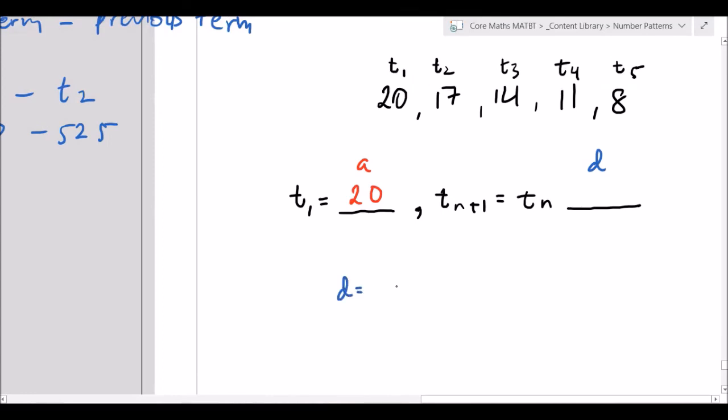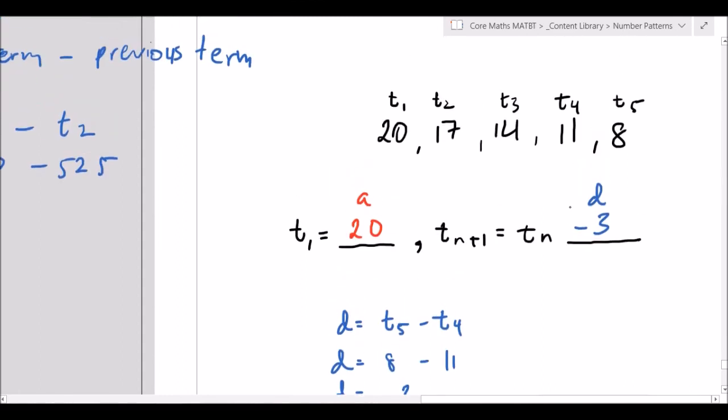So I might go T5 take away T4, which will be 8 take away 11, which equals negative 3. So my common difference is minus 3. And there's my recurrence relation. So remember, your recurrence relation should look like this.